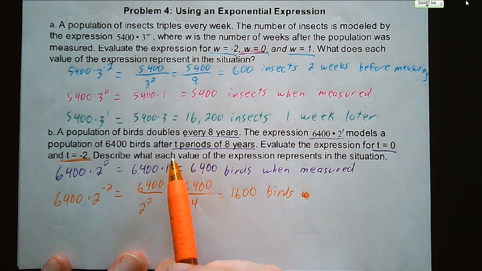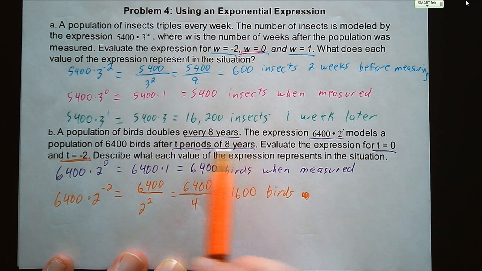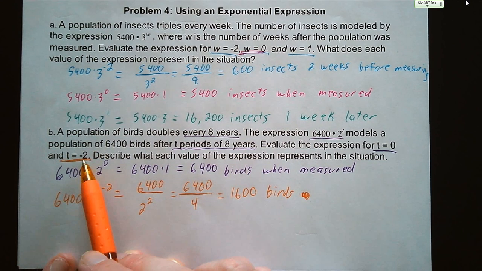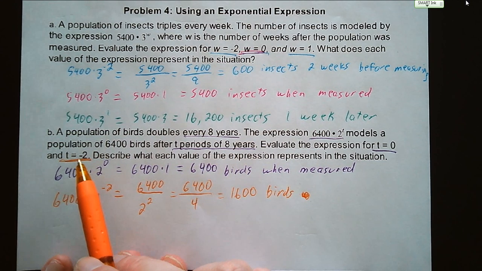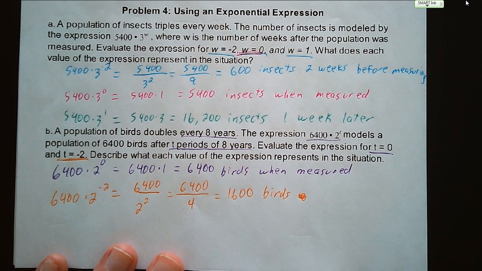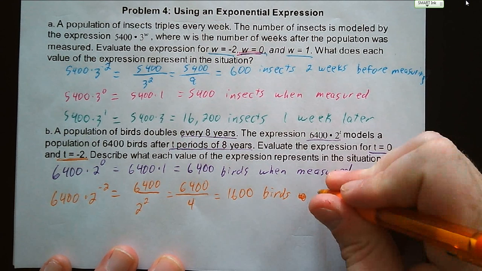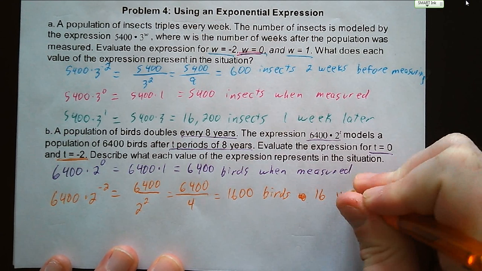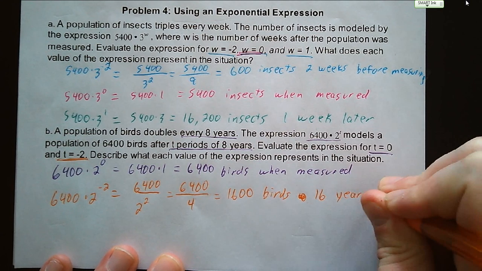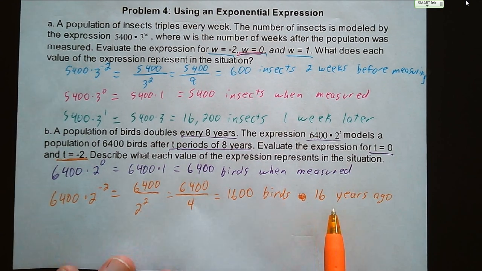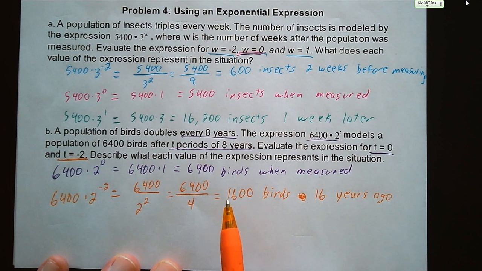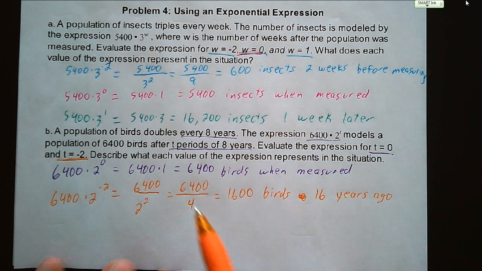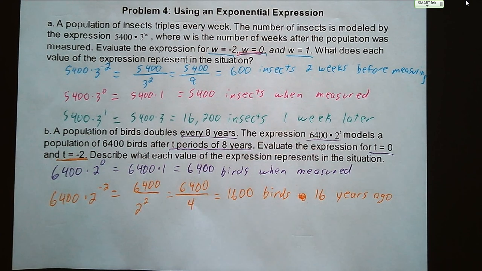So t was how many periods of 8 years. So for t equals -2, that means 2 cycles have gone by. So that was 16 years ago. So 16 years ago, there were 1,600 birds in that population. And then today, there are 6,400 birds in that population.